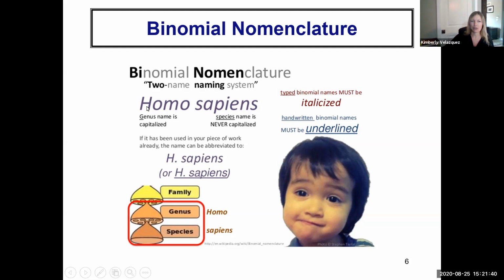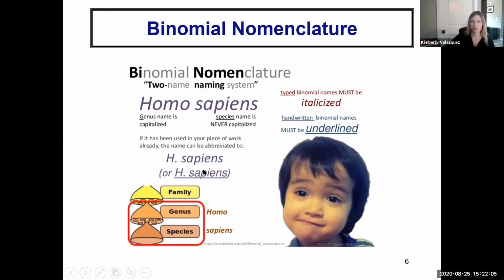Genus, first letter is capitalized, species is not, and then it either has to be italicized or underlined. So we could underline Homo and underline sapiens. They would be two separate underlines. Also, once you've written Homo sapiens in a paper, you can write H. sapiens after that.